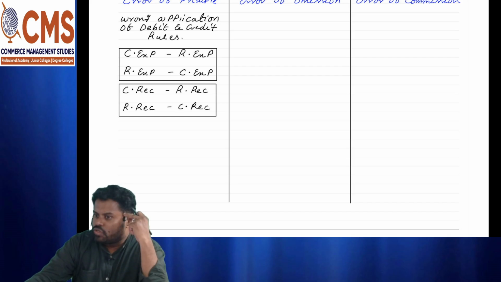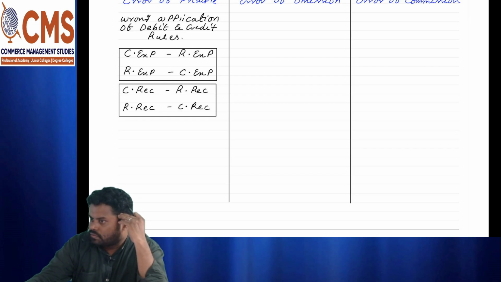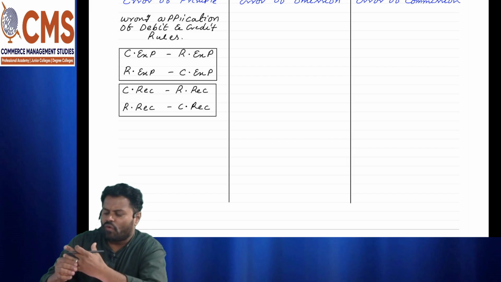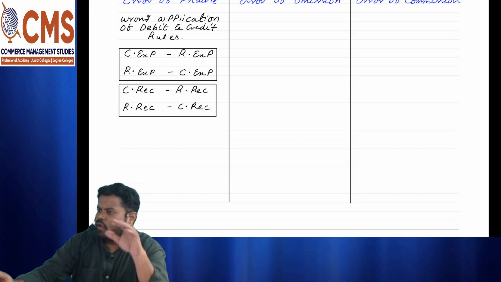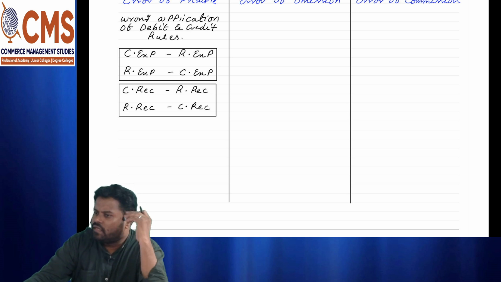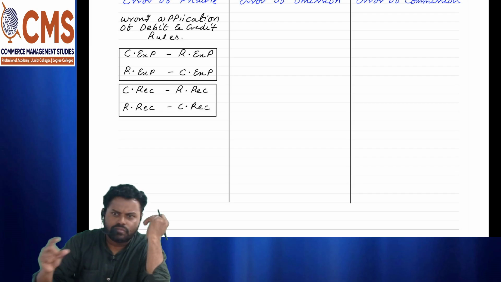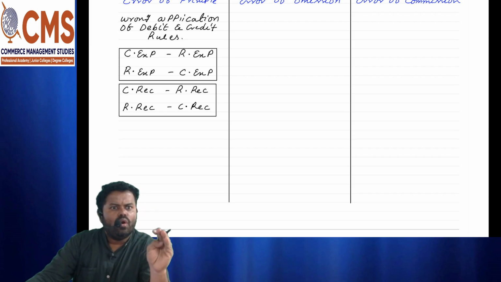You sold old furniture. You receive 10,000 for that particular furniture, no profit, no loss. Book value is 10,000, sold for 10,000. What is the entry that you're supposed to write? Sold old furniture at a book value of 10,000.